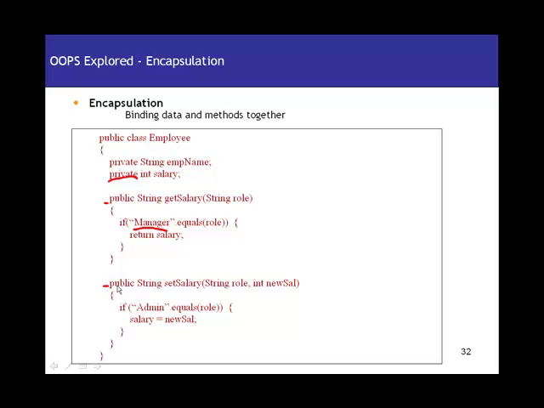You mark your attribute as private and provide public getter and setter methods, and within your getter and setter methods you put conditions and checks to verify that the person who is making the call is an authorized person and has the right to access that particular attribute in question, right?